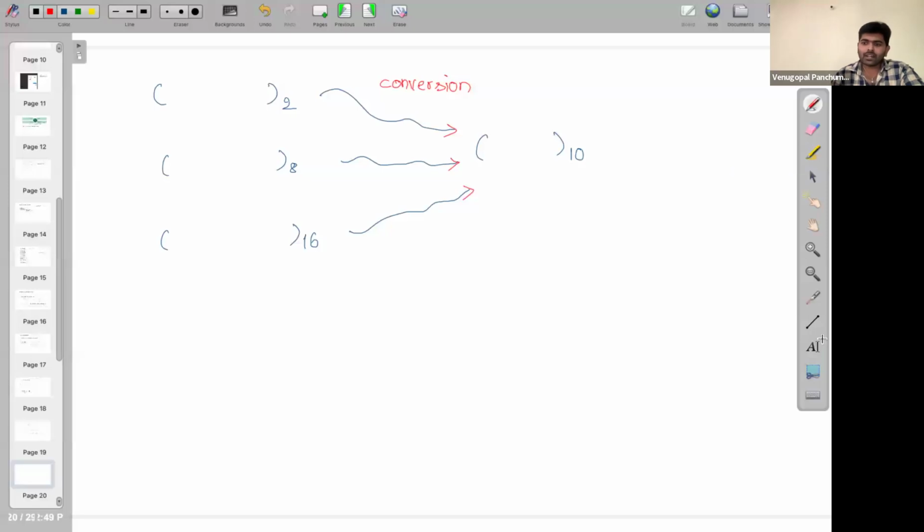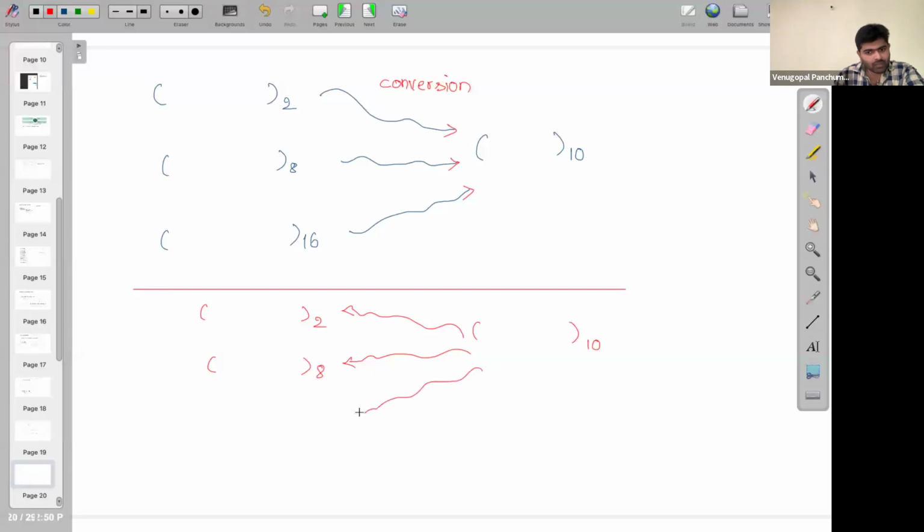So in tomorrow's class, let us see how to do the reverse, like base 10 to base 2, base 10 to base 8, and base 10 to base 16. This we will see tomorrow.